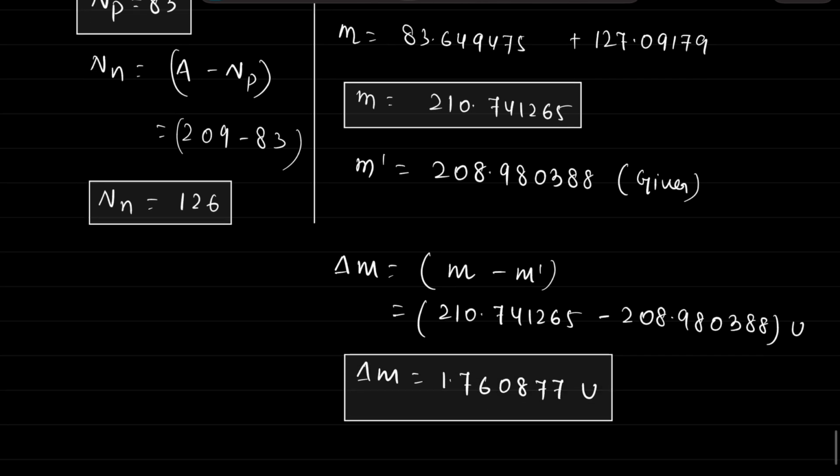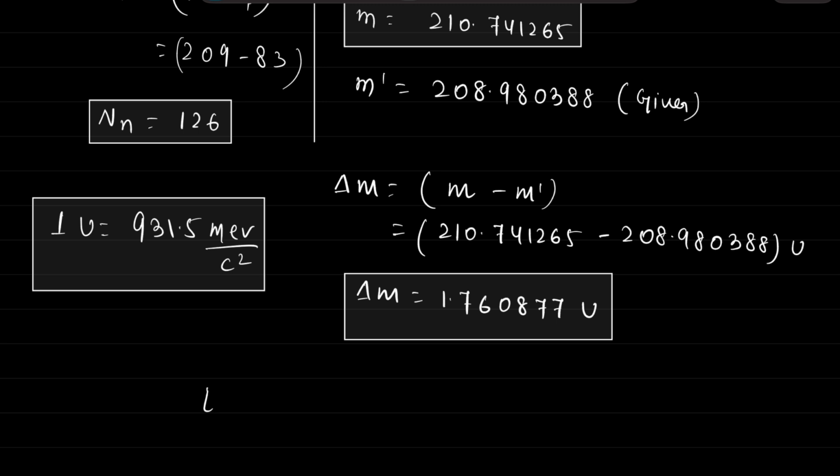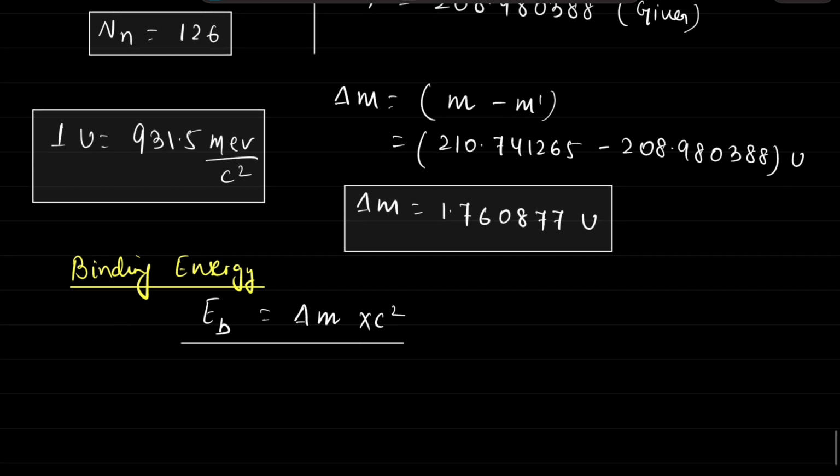Again we use the same relation: 1 U is equal to 931.5 MeV by C square. Here Eb is our binding energy, which we have to find. Eb is equal to delta M into C square. Let's substitute the value. Delta M is 1.760877.